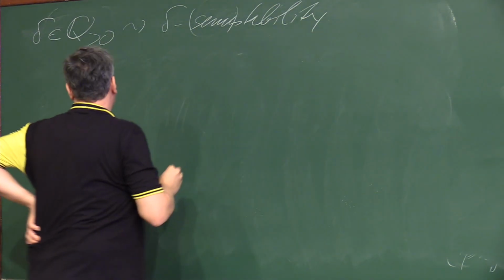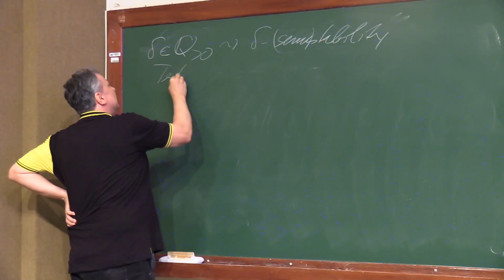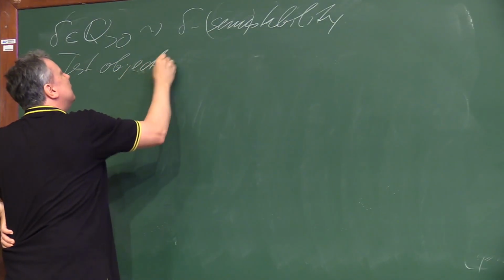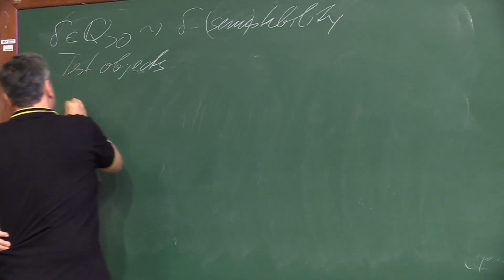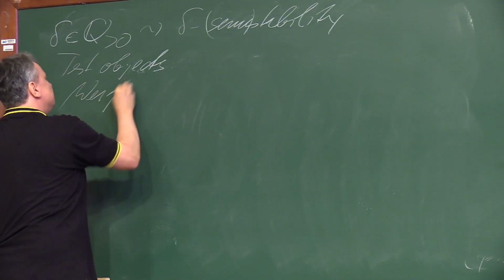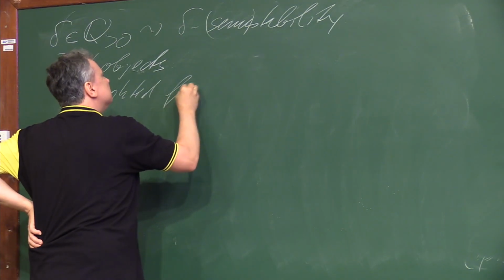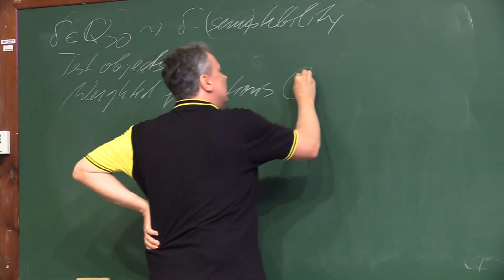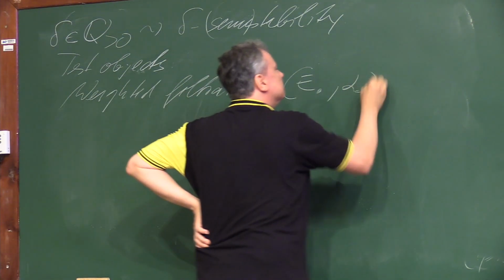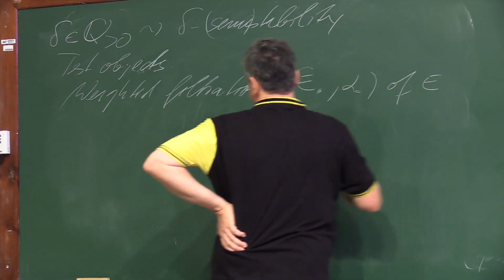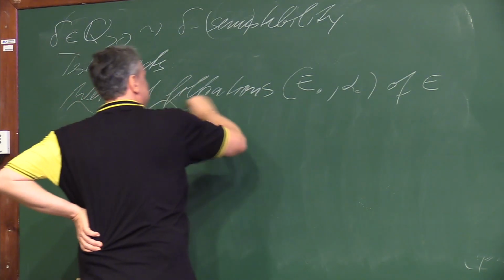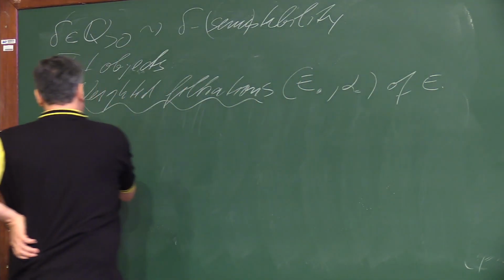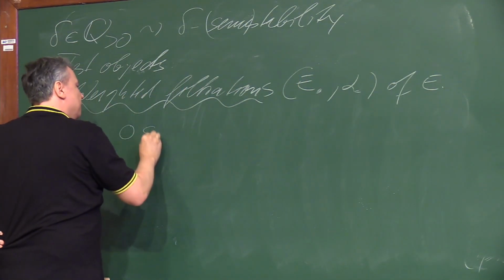I will just say that the test objects are weighted filtrations of E. These consist of a filtration of E by subbundles.